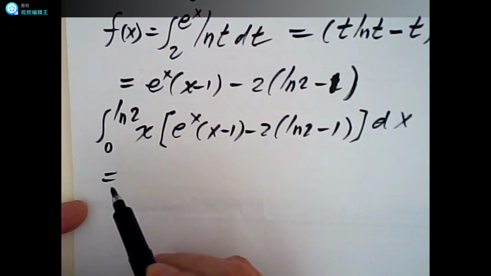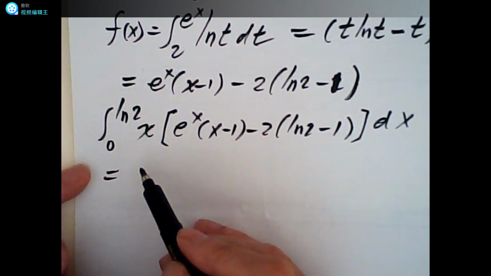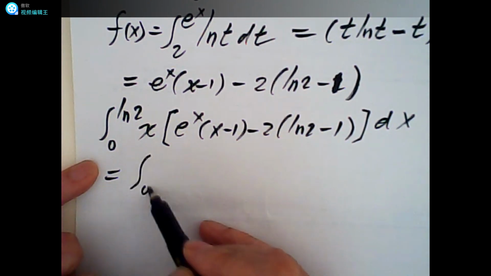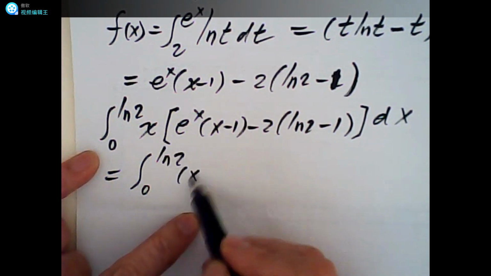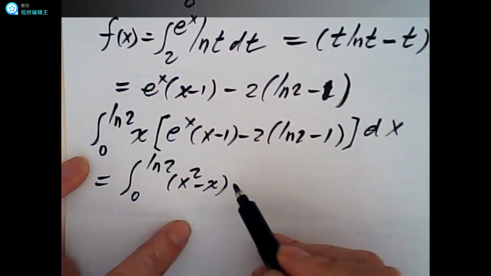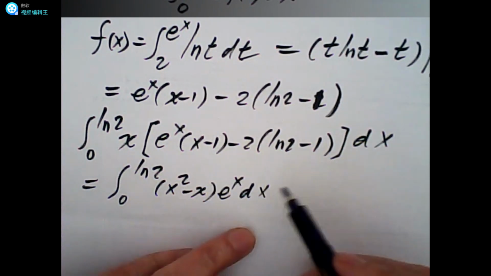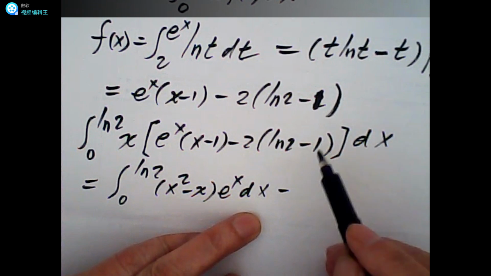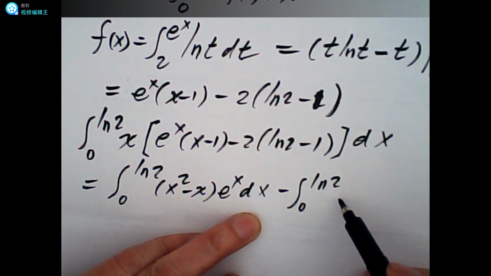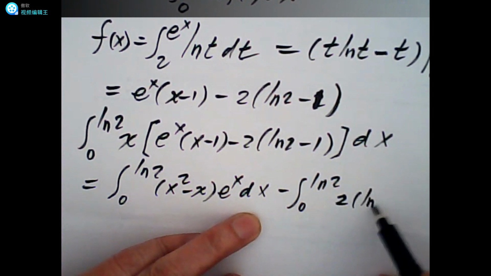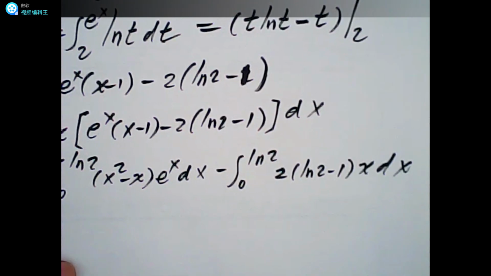Then this one is equal to the integral from 0 to log 2 of (x squared minus x) e to the x dx. That is the first part, minus the integral from 0 to log 2 of (2 log 2 minus 1) x dx. That is the second part.